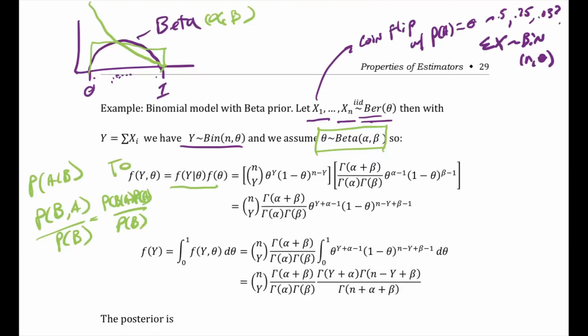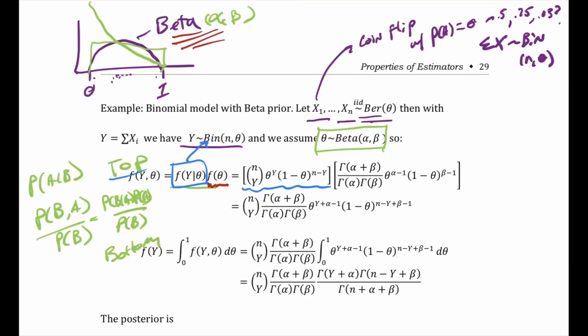This is the top, and then I'm going to compute the bottom right here. So the top is, well, what is the distribution of Y given theta? That's binomial, so that's this piece right here. And then I need to know the distribution of the probability of success.